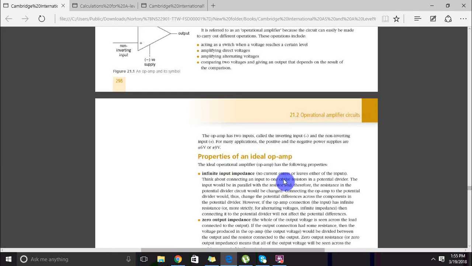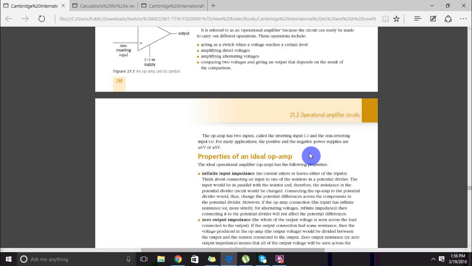If we connect the input to one of the resistors in a potential divider, the input would be in parallel with the resistor, and therefore the resistance in the potential divider circuit would be changed. Why?